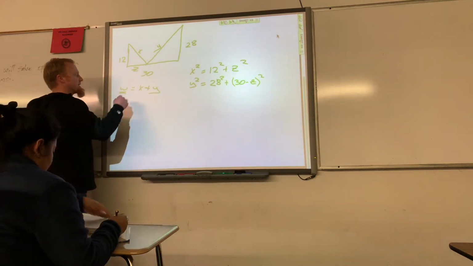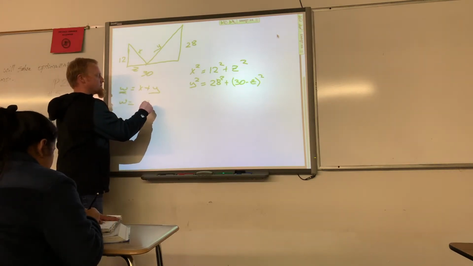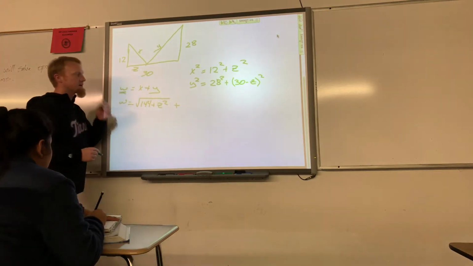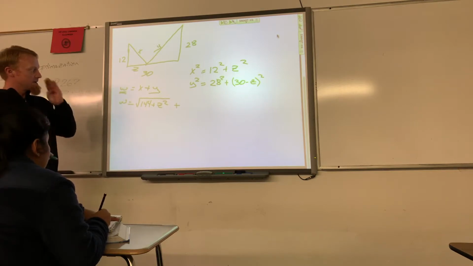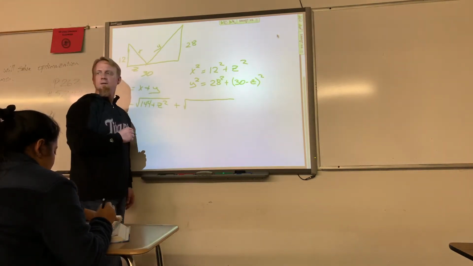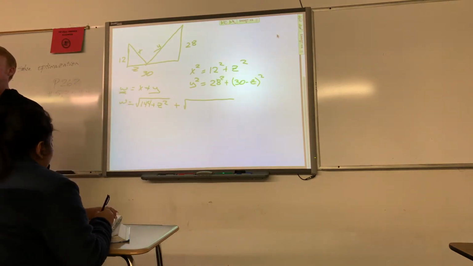Okay, so to solve for x, all I have to do is what? Square root. So that's the square root of 144 plus z squared. All right, and the other one, take the square root. Somebody's going to have to help me with 28 squared. It's less than 900. I know that much.